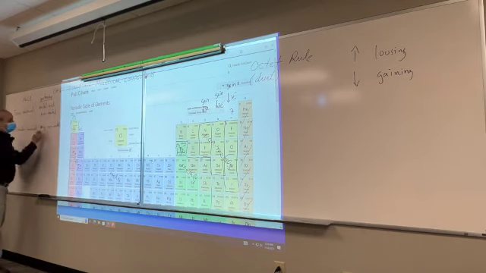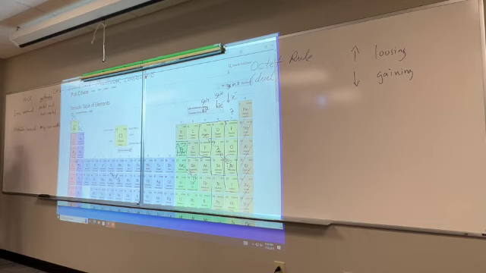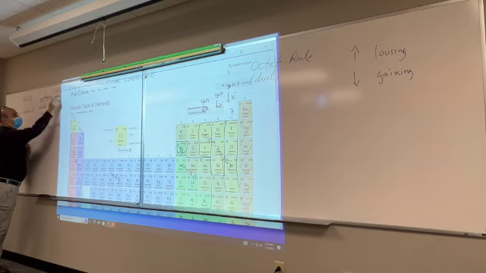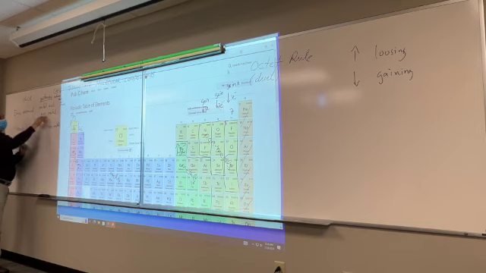Only non-metals. Partnership between only non-metals, 2 or more. You can have the same thing here, 2 or more. Okay? Partnership between 2 or more metal and non-metal, or only metals. Does that make sense? Yep. Okay.